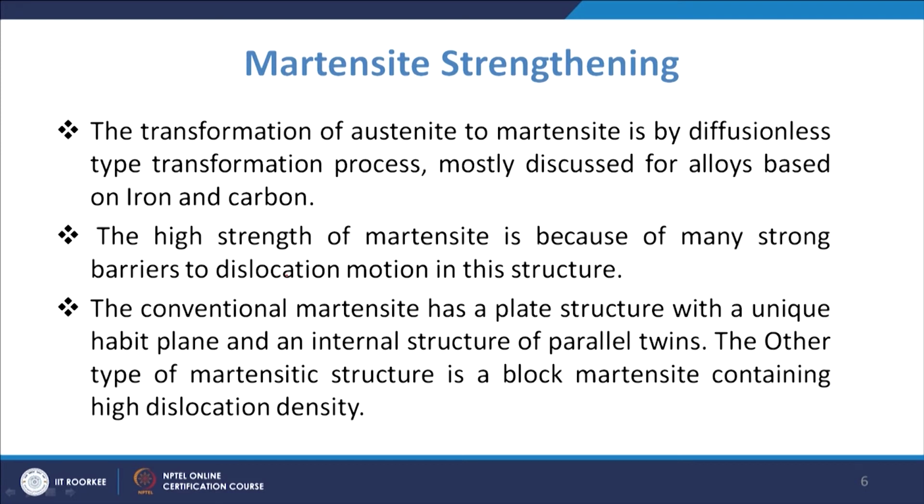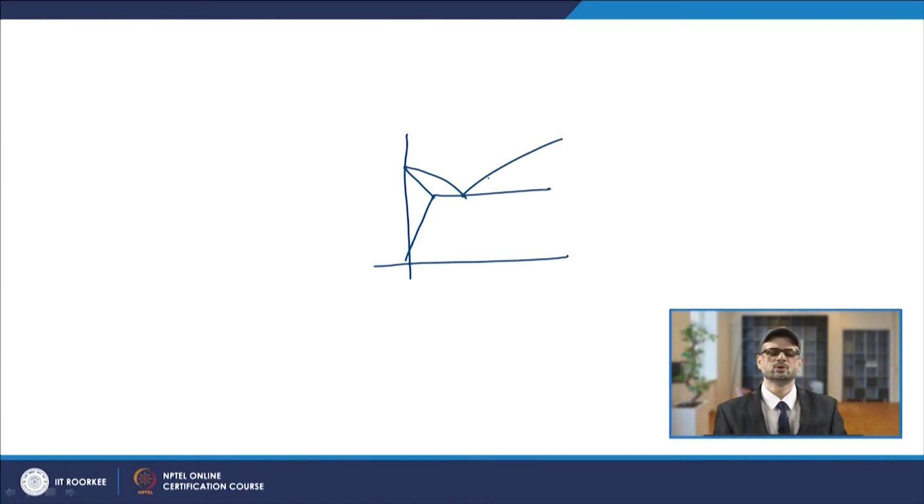So, if you recall the iron carbon diagram, you have the lower critical temperature. As we know, this is 0.8% carbon.